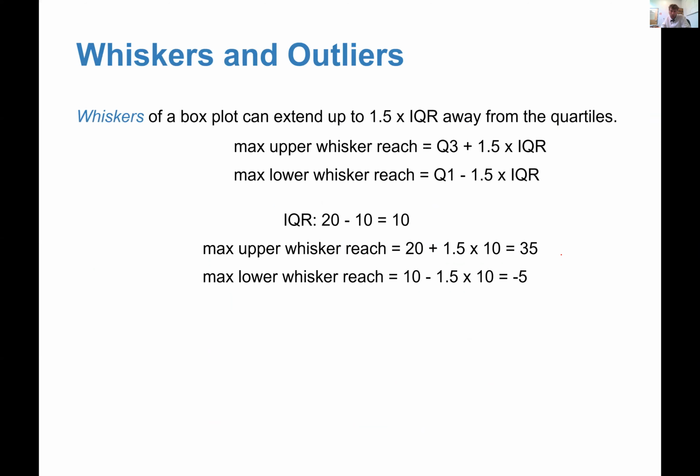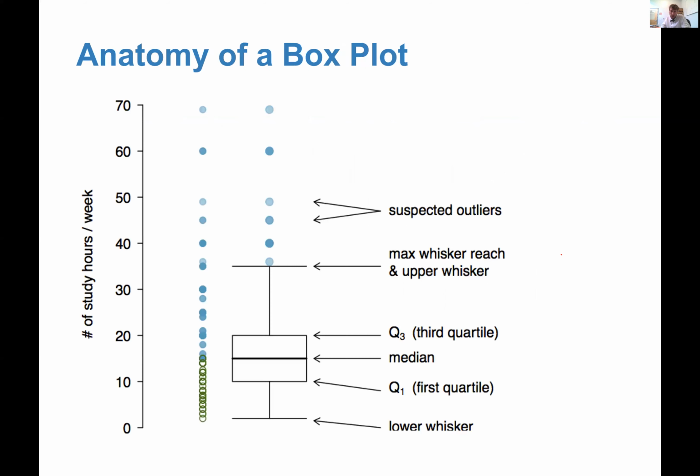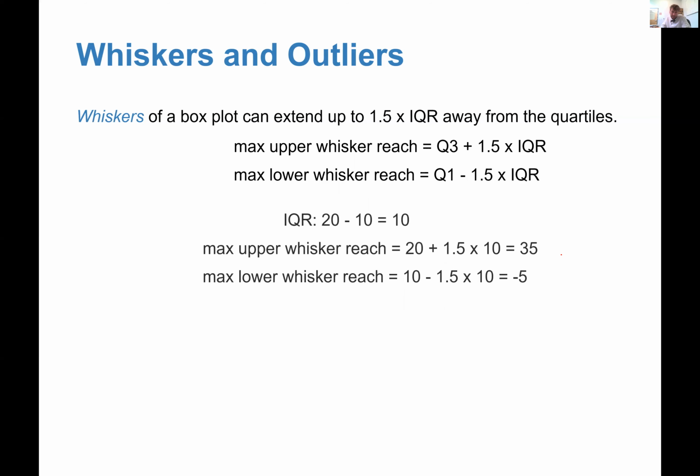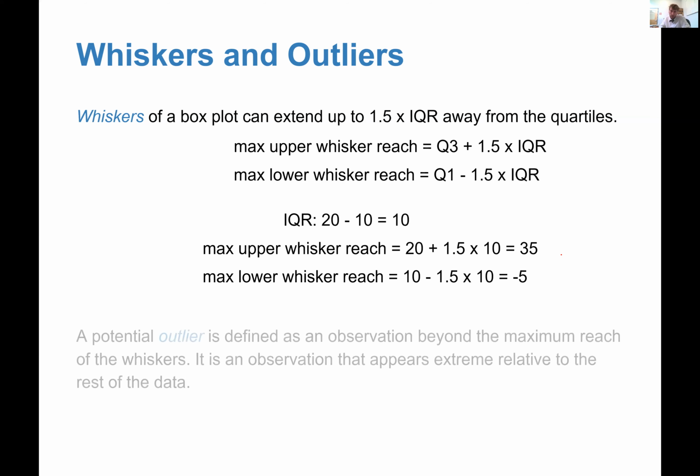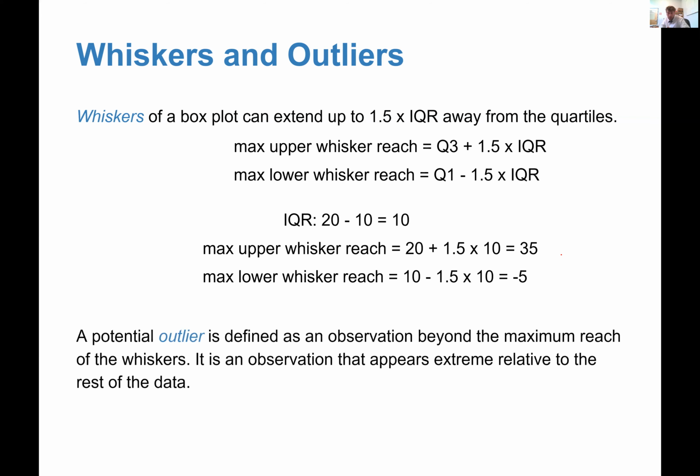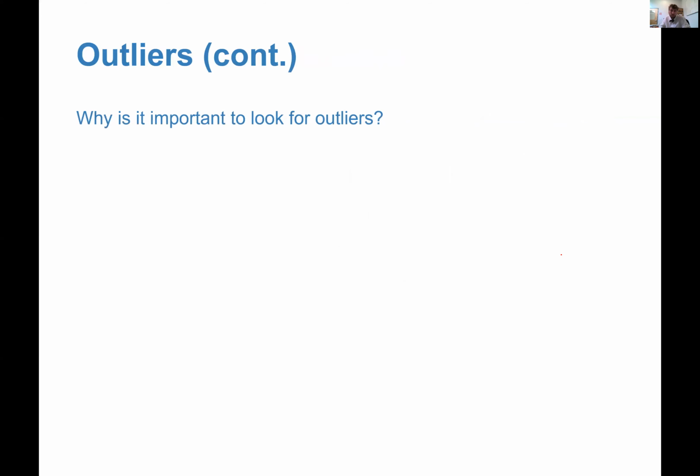Say Q1 is 10 and Q3 is 20, so the IQR is 10. Then your max whisker reach is Q3 plus 15, or Q1 minus 15. And then outliers are the numbers past that.